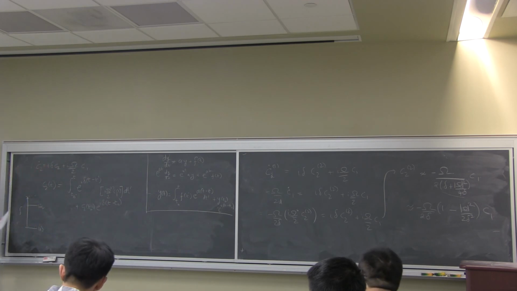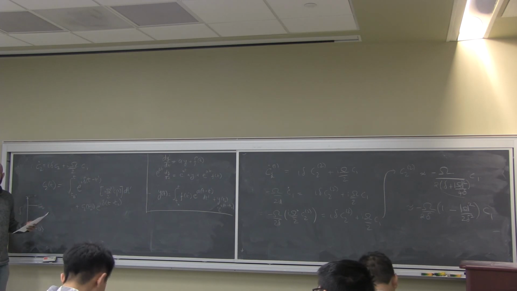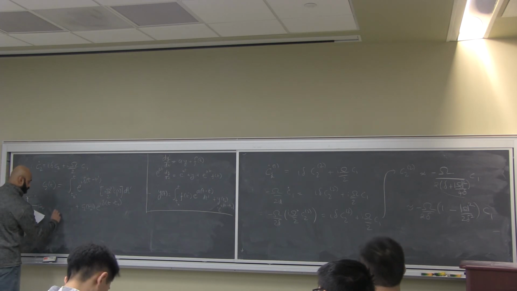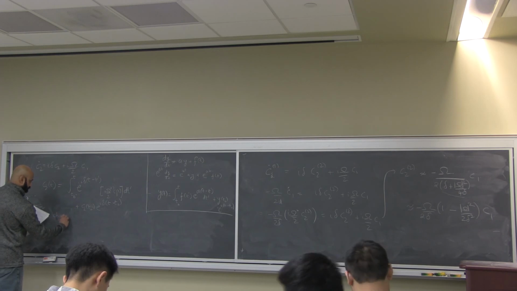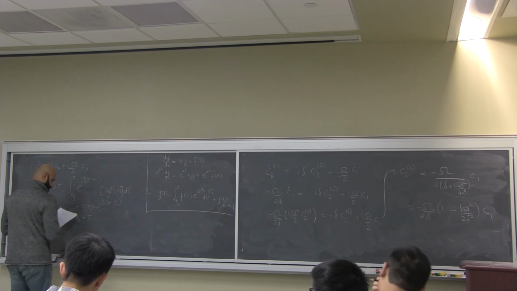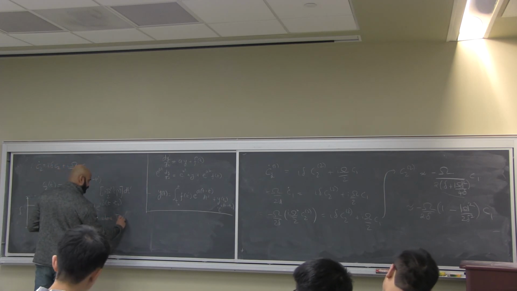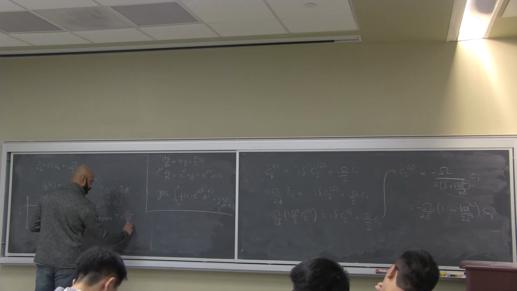And remember, I told you I'm going to coarse grain the evolution, which means I'm going to choose t minus t_0 to be equal to tau, where tau is approximately, say, 2 pi over delta.